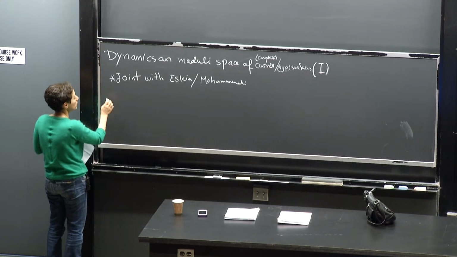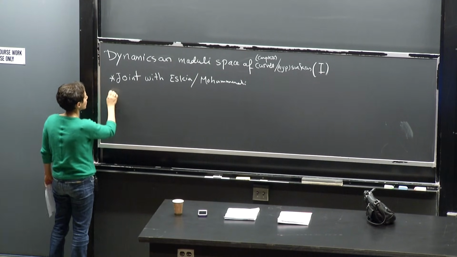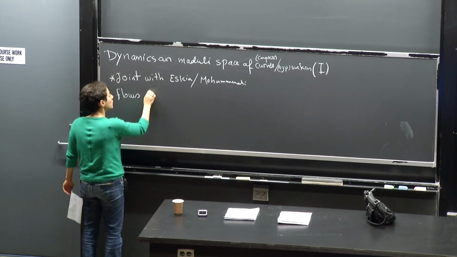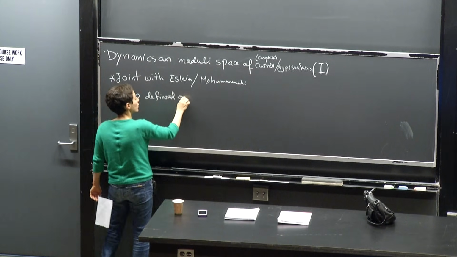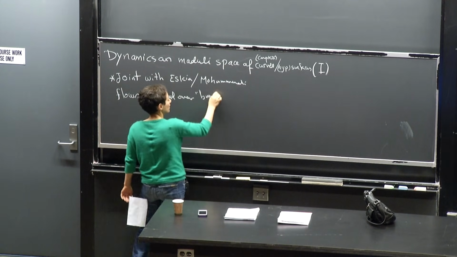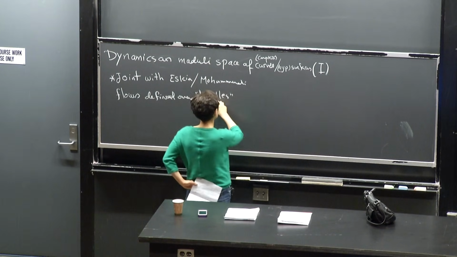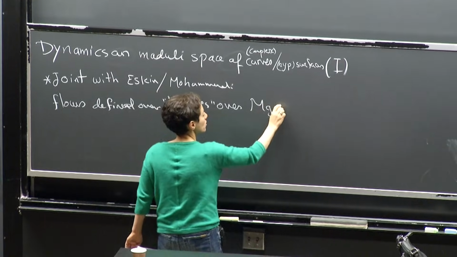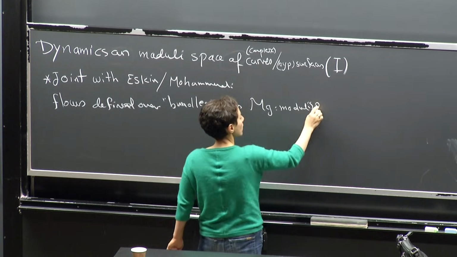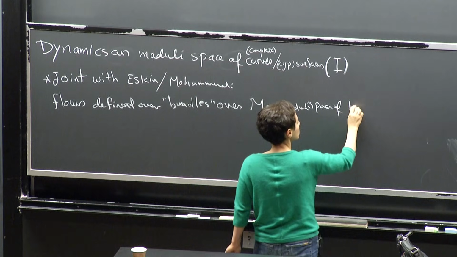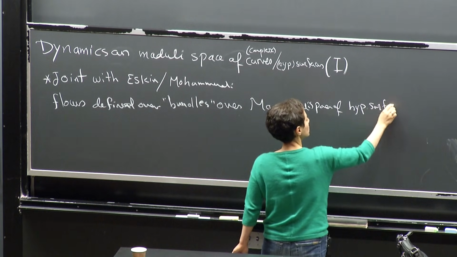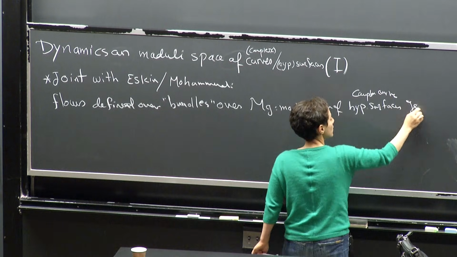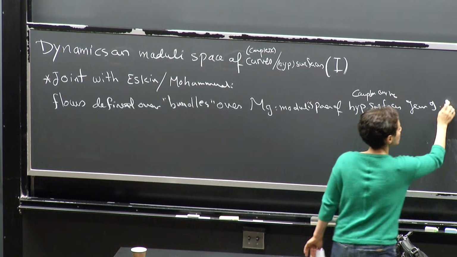The discussion is about certain natural flows that I want to motivate, defining these flows over some bundles over Mg, which is the moduli space of hyperbolic surfaces, or if you prefer, complex curves of genus g.